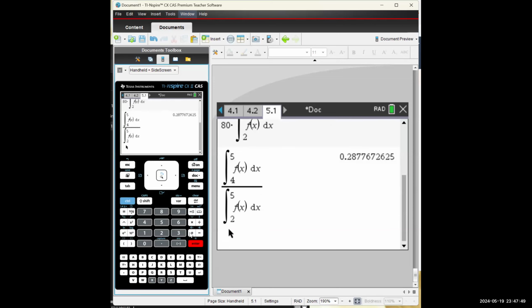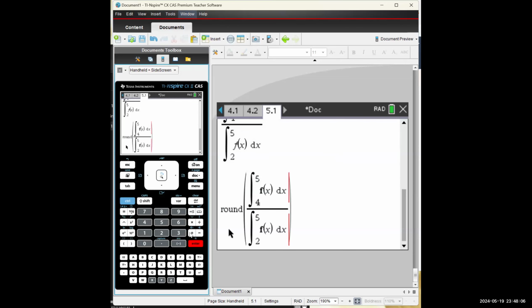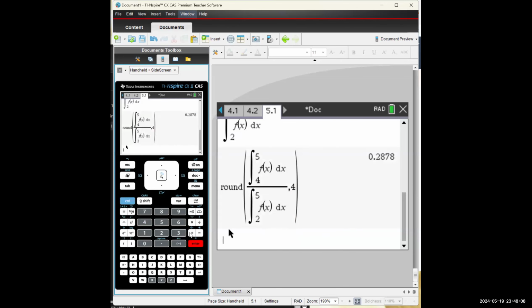So the answer is 0.2878, okay? Not 77. Let's say if you're lazy enough to do the rounding yourself, well, this might be a good idea: round this answer, comma 4. 0.2878, okay? The calculator will do the rounding for you.